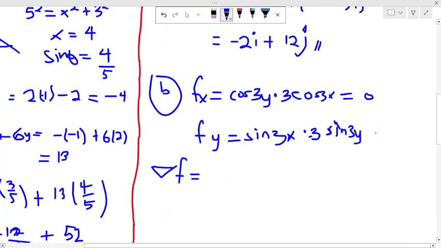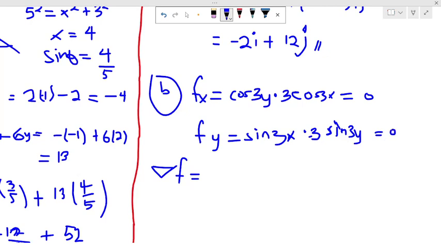And now evaluating this, we have sine 3 times 90 multiplying negative 3 sine, sorry, it will be sine 3 times 0 because our x is 0 and our y is 90, so negative 3 sine 3 times 90, and that also gives us 0.